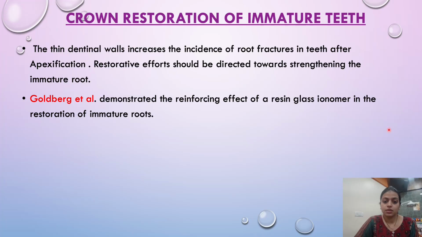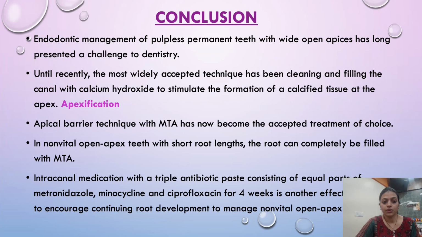Goldberg et al. demonstrated that the reinforcing effect of resin glass ionomer cement is quite good in restoring such immature roots.